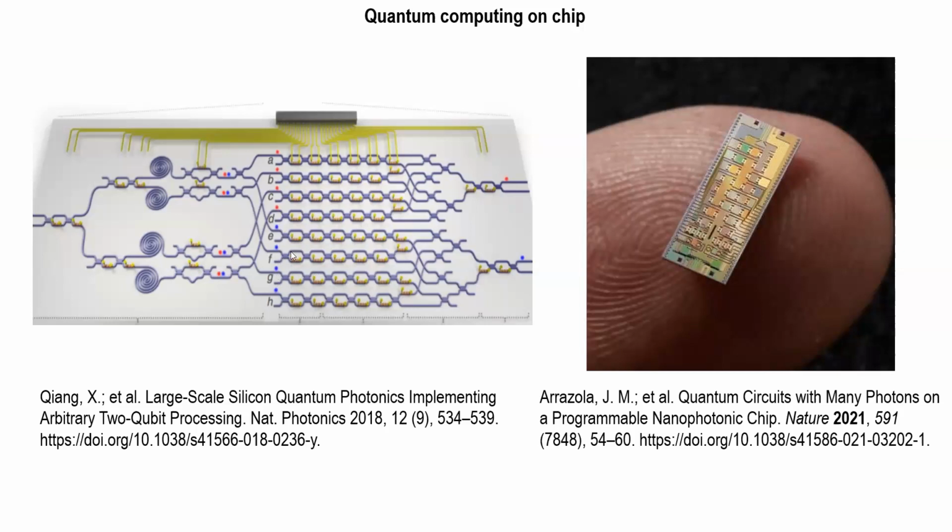Each coupler corresponds to a beam splitter, because it allows the light to propagate in either one direction or another, and if you connect two of these couplers, it forms an interferometer, and you can control this interferometer.